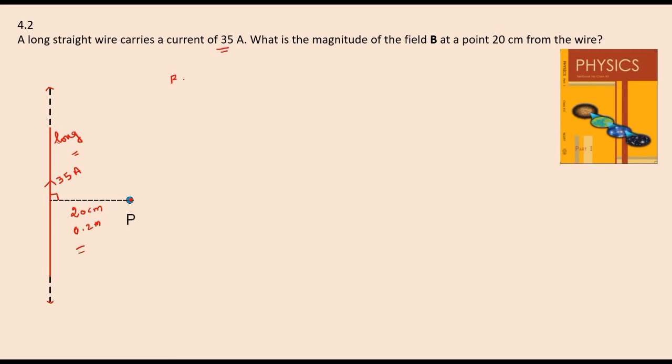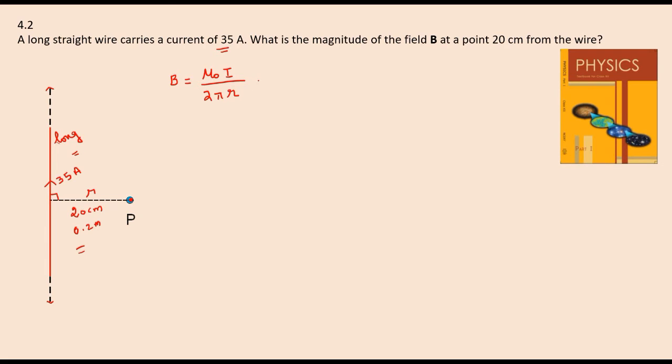What is the formula? For an infinitely long straight current carrying conductor, the formula is mu naught I by 2 pi R. Remember, this is R. It's not mu naught I by 2R.